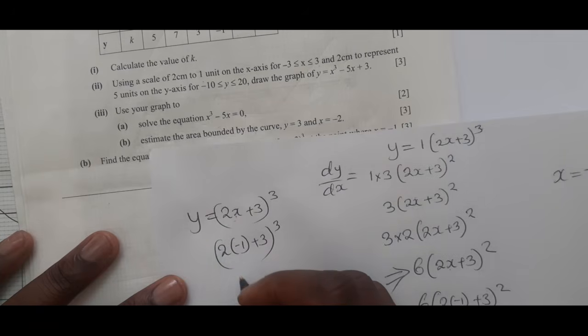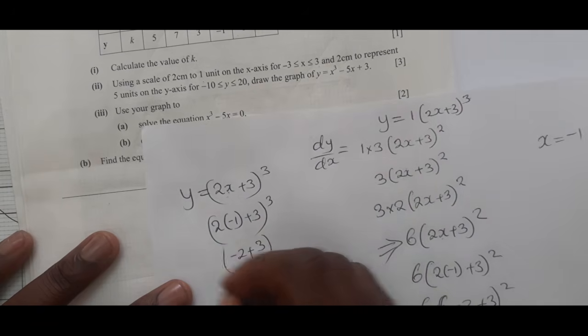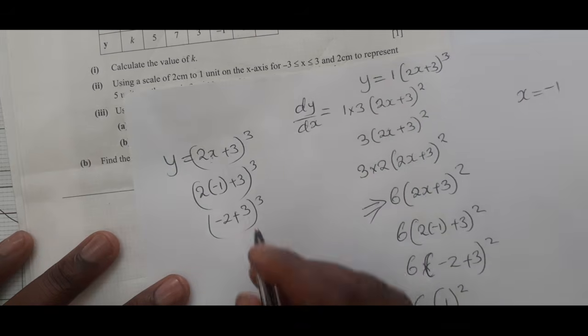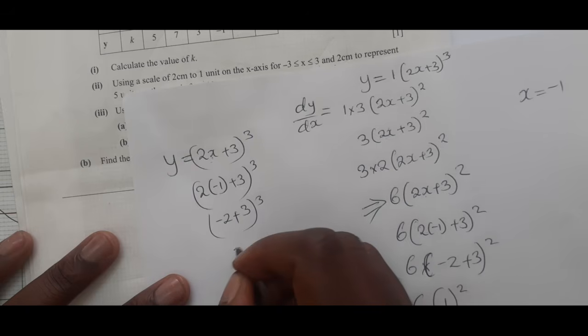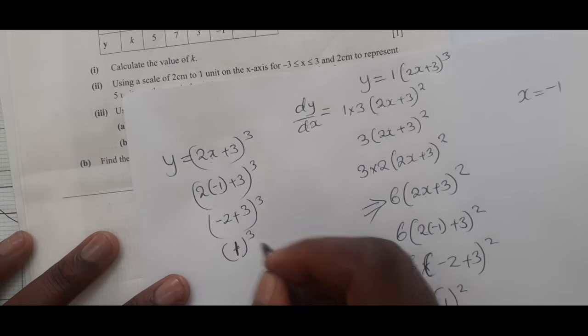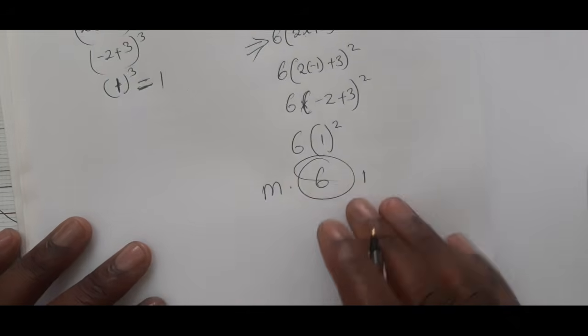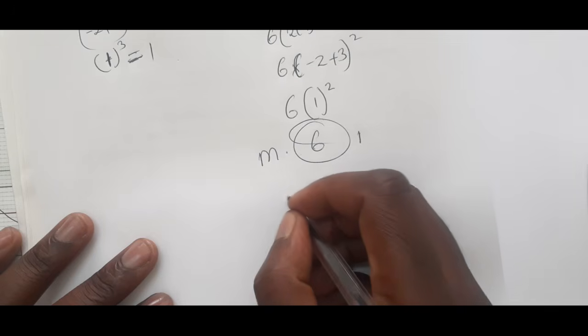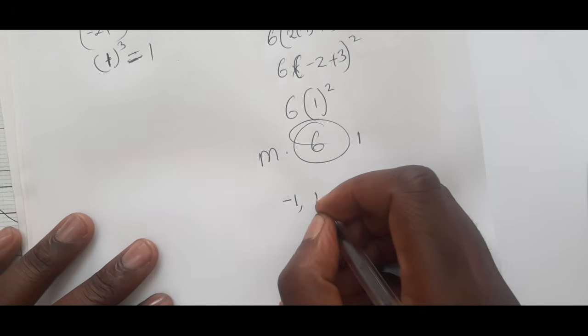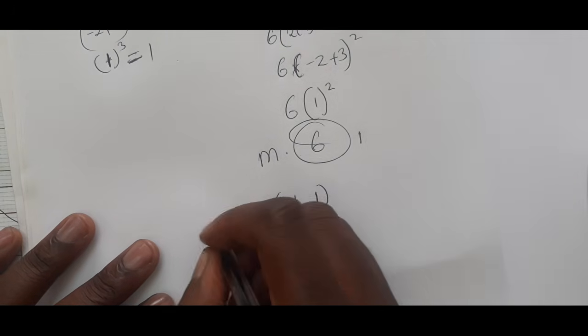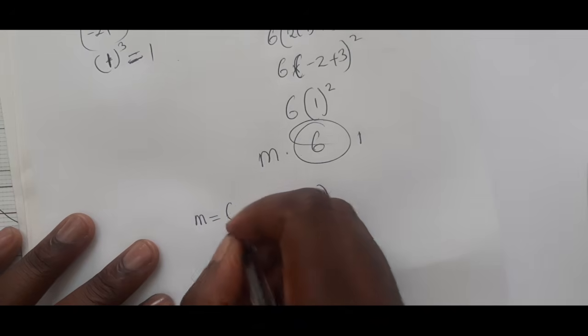This is going to give us -2 plus 3, so this will give us 1 to the power 3, which will still give us 1. So now the coordinates that we are dealing with are (-1, 1). Then our gradient, m, is equal to 6.